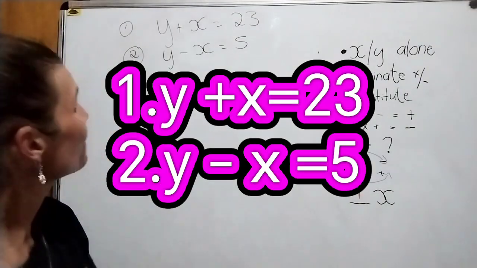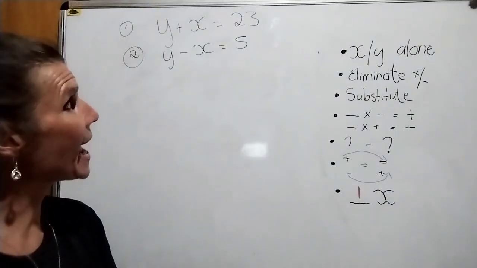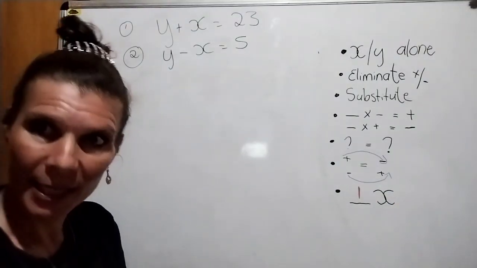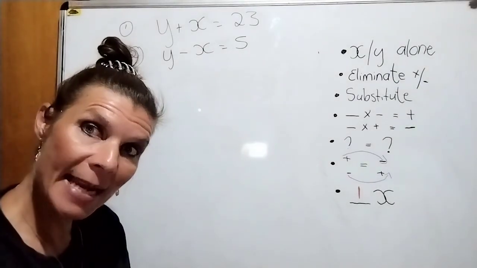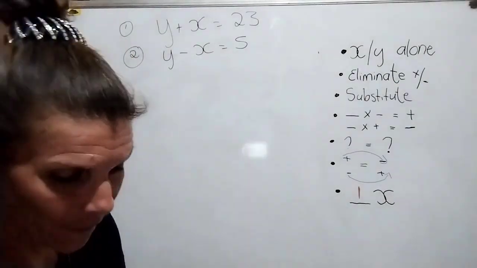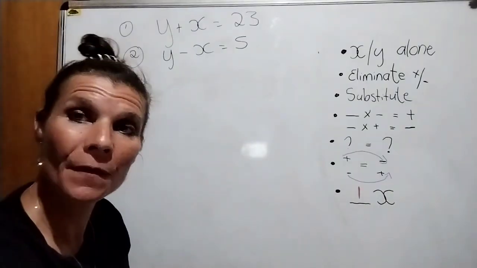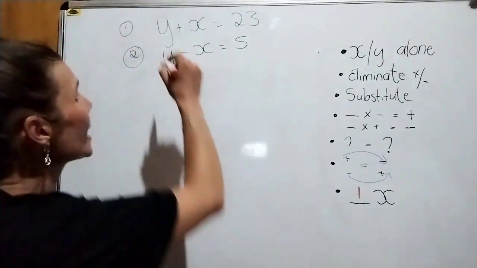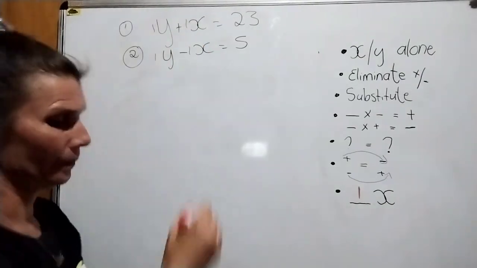First equation: y plus x equals 23. Equation 2: y minus x equals 5. Now, what do I know? If there's nothing in front of my variable, I can add a 1.